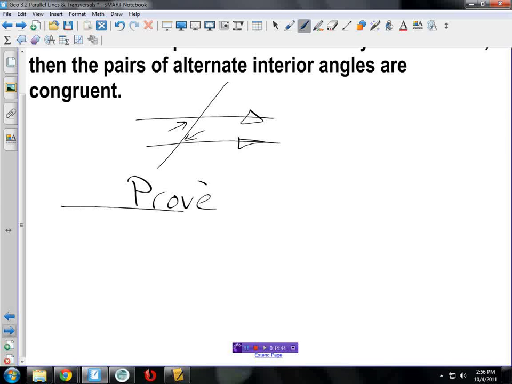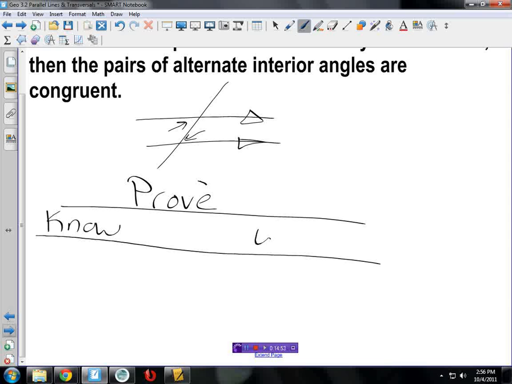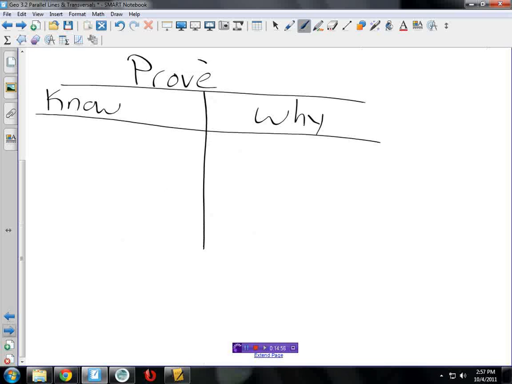We'll say proof. Over on one side, we're going to write what we know. On the other side, we're going to write why. All right.